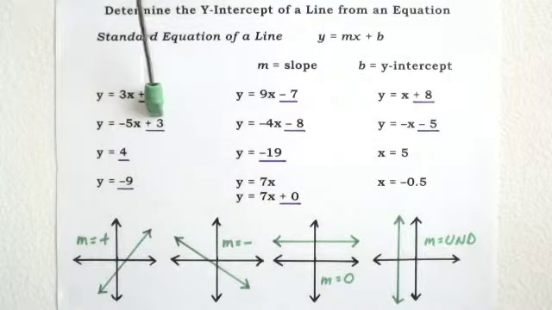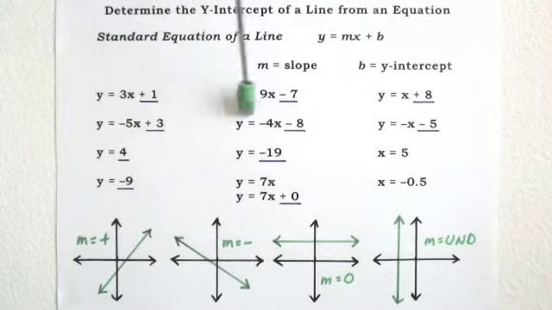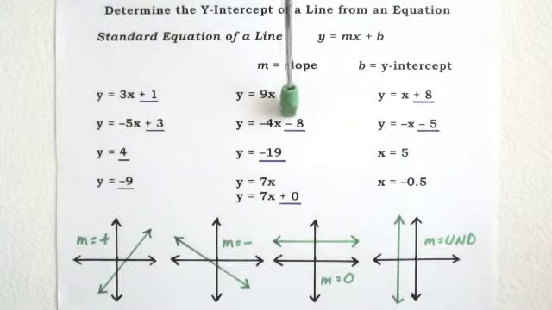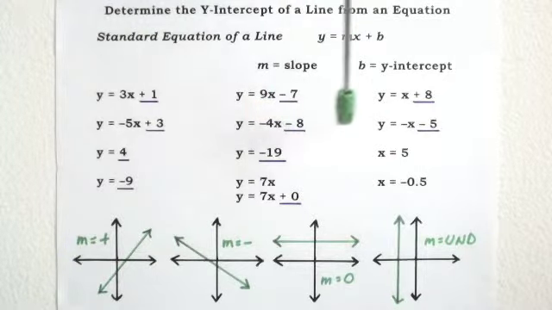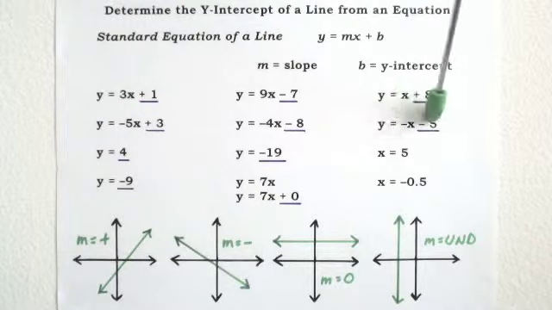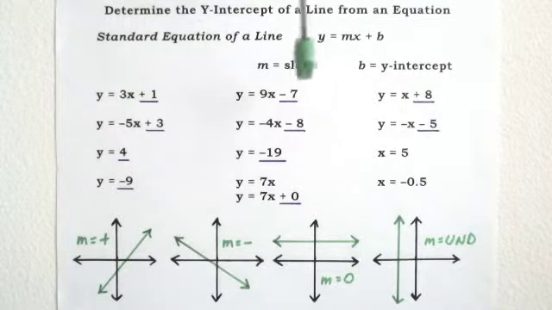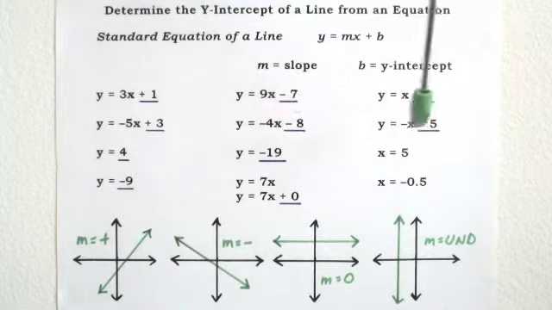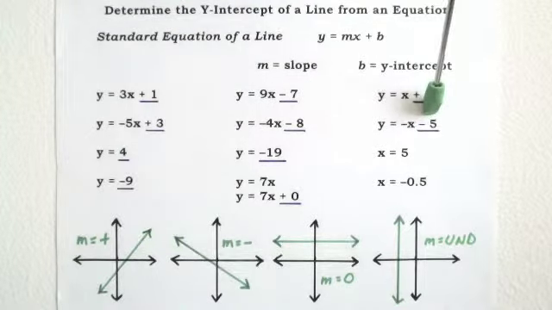For this line, the y-intercept is +3. This is the location where this line crosses the y-axis. This line crosses the y-axis at -8. This line crosses the y-axis at -5. The y-intercept is -8, the y-intercept is -5.